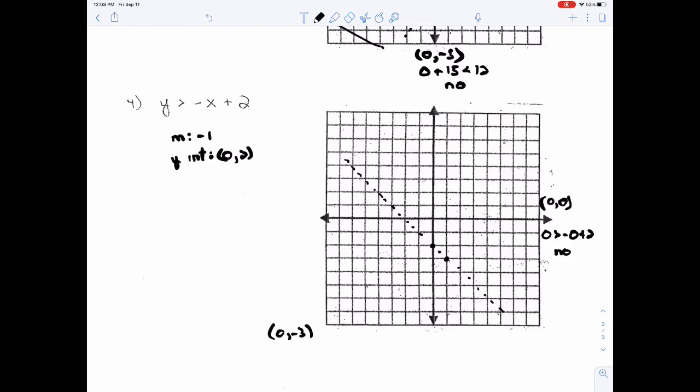So let's say you had picked the point on the bottom. So you'd plug in -3 is greater than -0 plus 2. And that doesn't work either. So what do I know? I know I blew it somewhere. See, if you didn't pick that second point, the 0, -3, you would just automatically shade on the bottom. Okay? But what I did is I blew it when I graphed it.